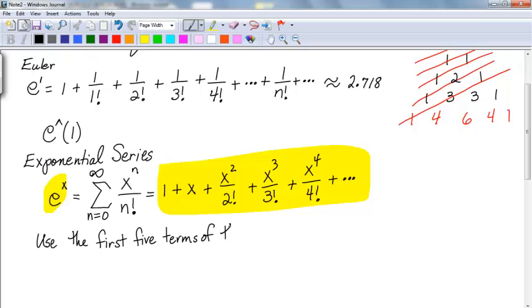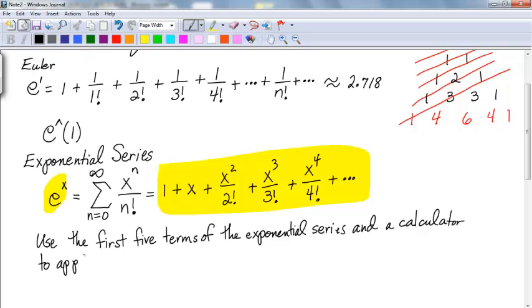Use the first 5 terms of the exponential series and a calculator to approximate the value of e to the point, and they're going to give you a decimal.